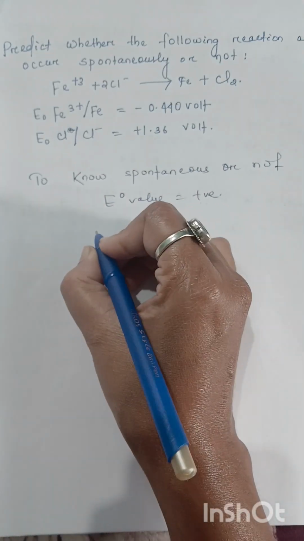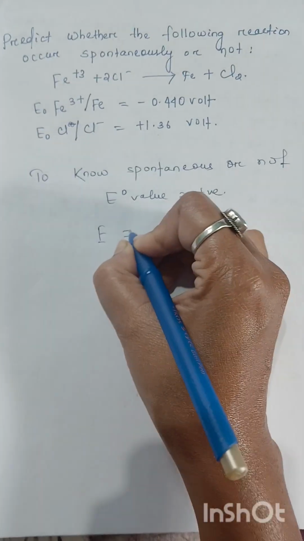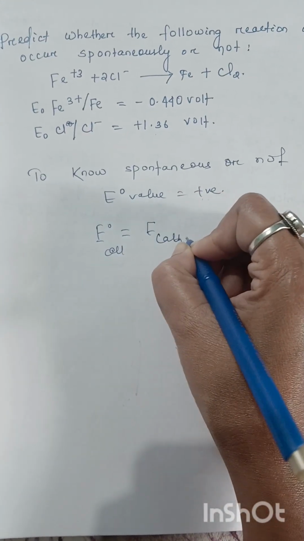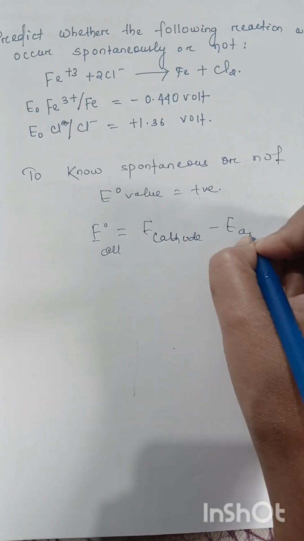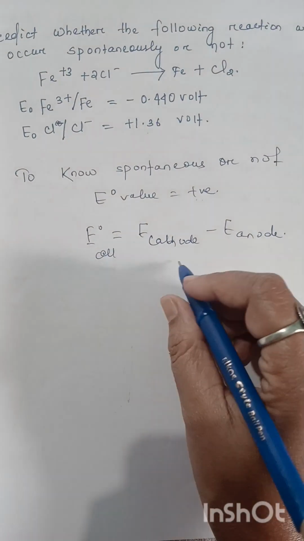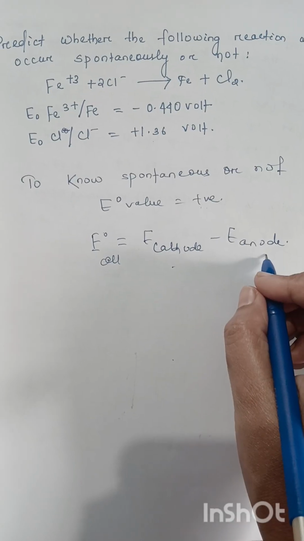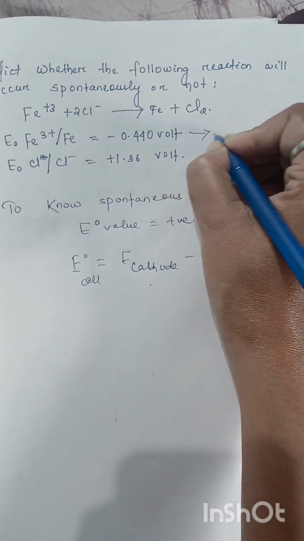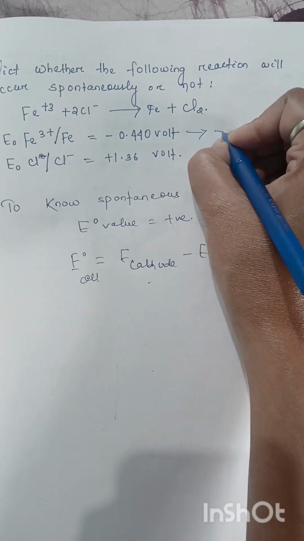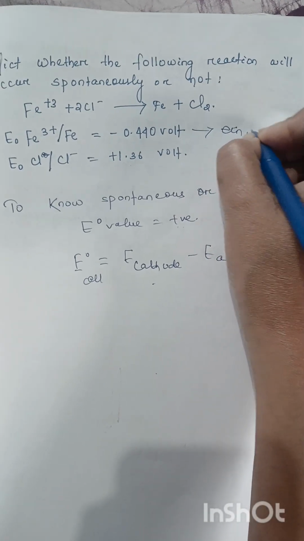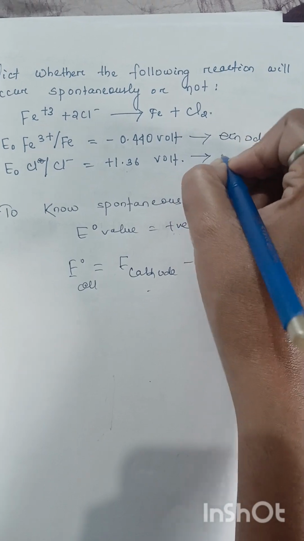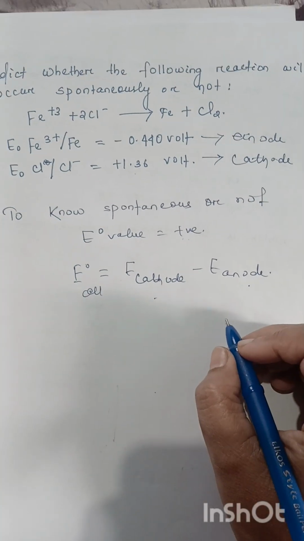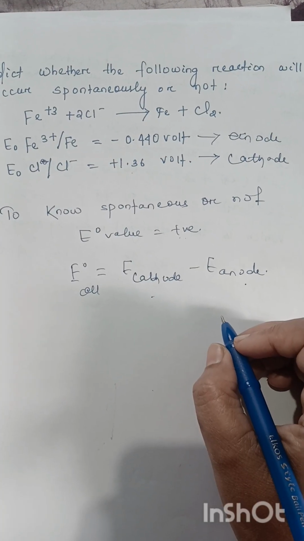You know the formula: E naught cell = E cathode minus E anode. So here we have to recognize the cathode and anode. You already know that the negative value is always the anode and the positive value is the cathode. So here chlorine is the cathode and iron, Fe3+, is the anode.